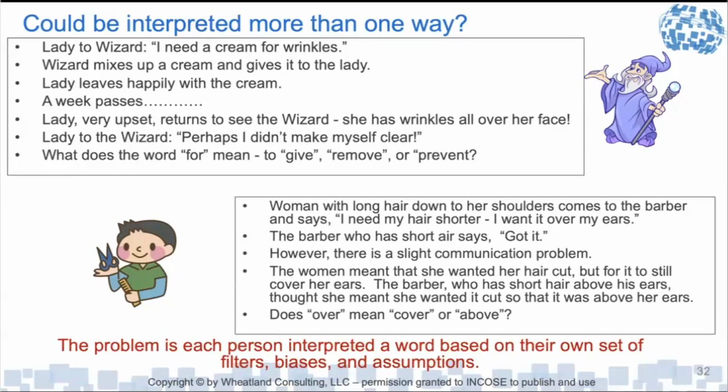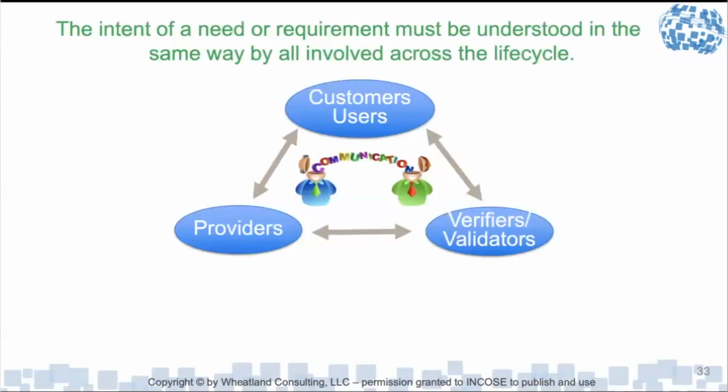So we need to take that into consideration when we are writing requirements, through the wording of our requirements as well as through the rationale. Can we communicate the real intent of the requirement? The intent of a needed requirement must be understood the same way by all involved.